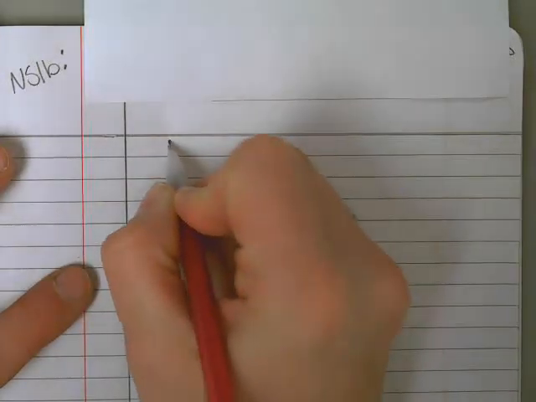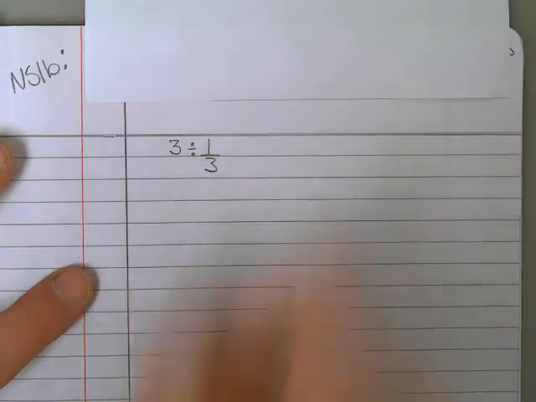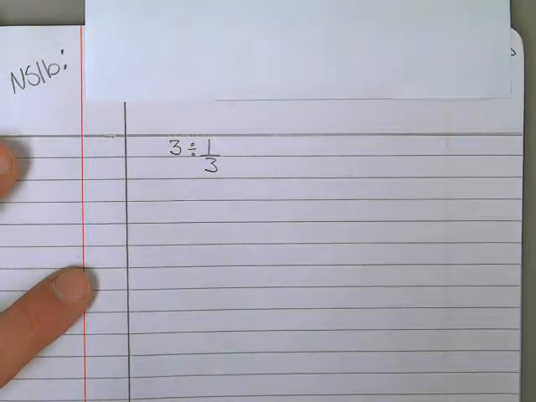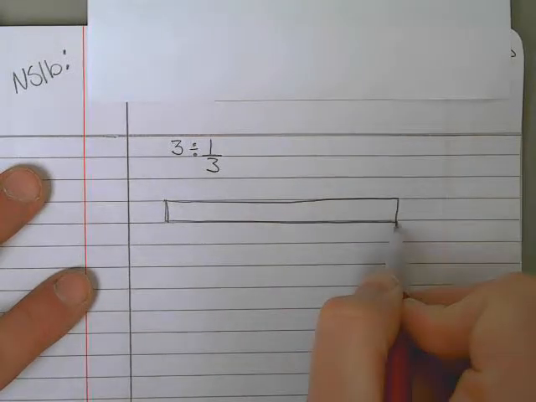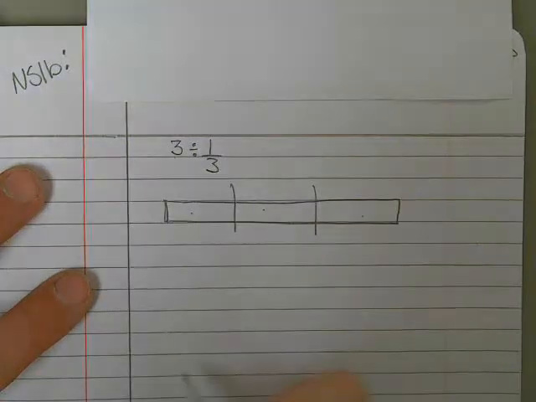Okay, so let's take a look at a model, just to refresh ourselves on what that looks like. So we might have something like 3 divided by 1/3. To make a model, we would draw out our bar, and because we have 3 wholes, we would cut that into 3 pieces. Each one of these is a whole.